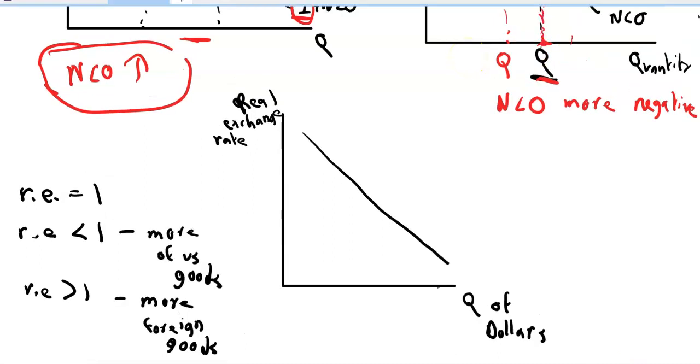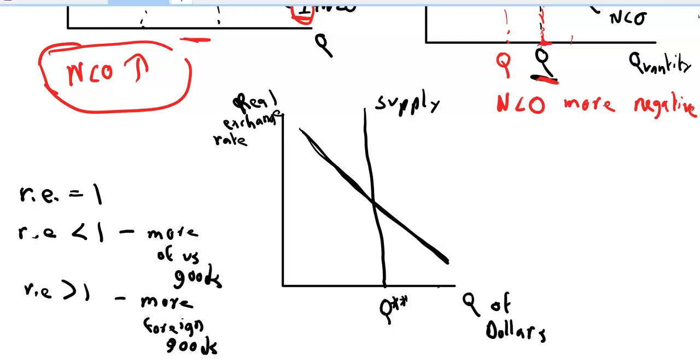In this case, the NCO, the inflow and outflow, determines the supply. This is the quantity of US dollars available for moving in and out of the US.